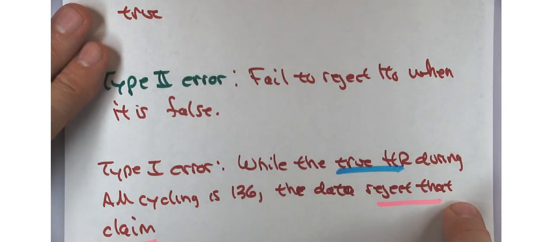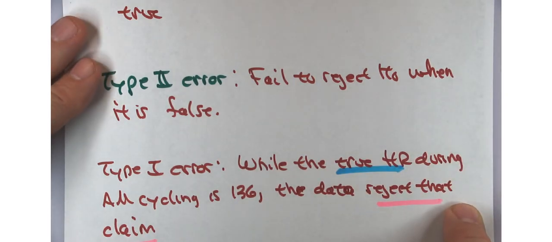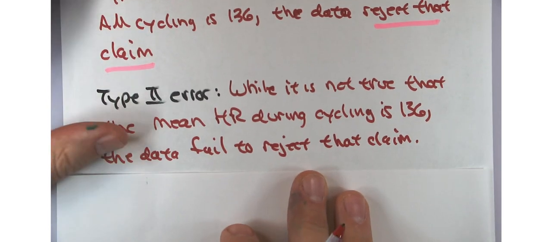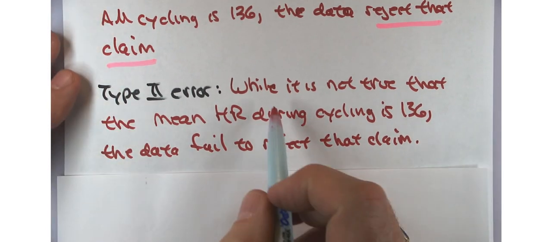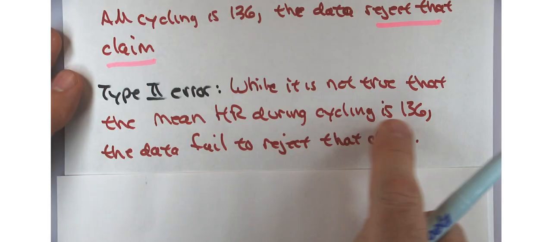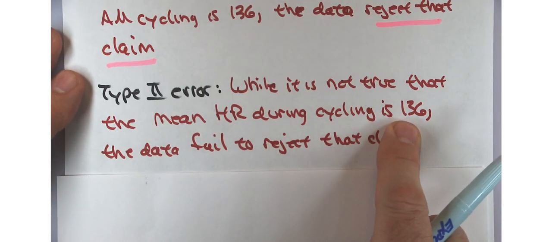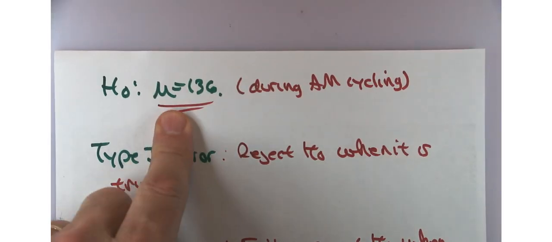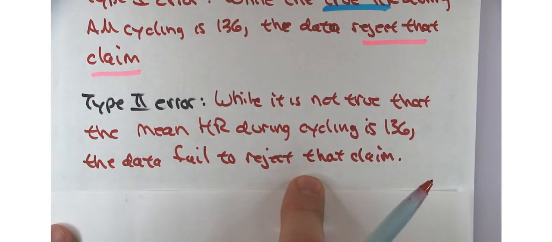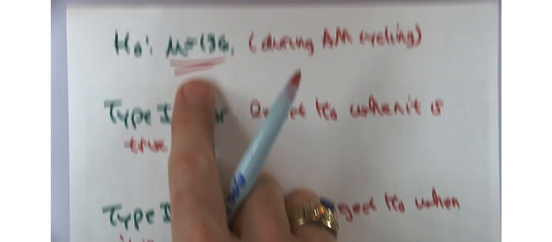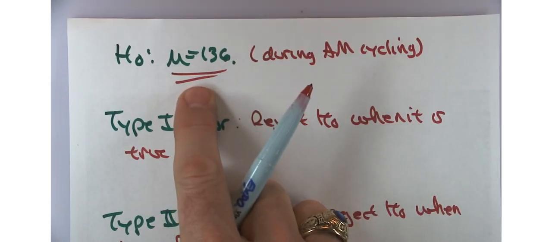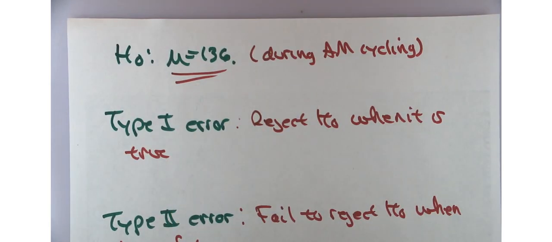Wait a minute, that doesn't look right. Oh, that's type 1. Wait a minute, I was reading type 1 again. My bad. Well, it's not true that the mean heart rate during cycling is 136. So you're saying that this isn't true. The data failed to reject that claim. So it's not true, but we didn't reject it. So there's your type 2 error.